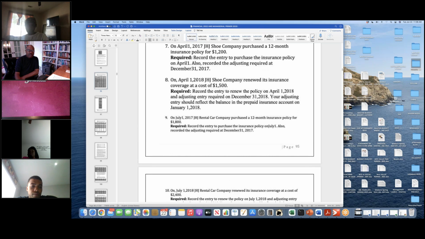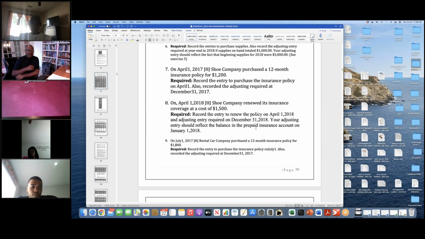Suppose this is your cell phone bill, and you got it on April 1st of 2017 for $100 a month. Then when 2018 came around, you're paying $150 a month.